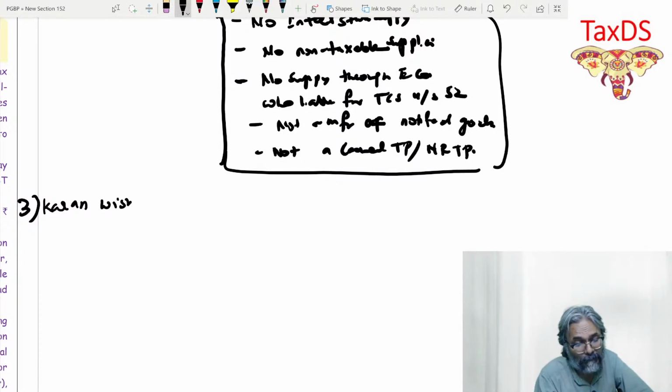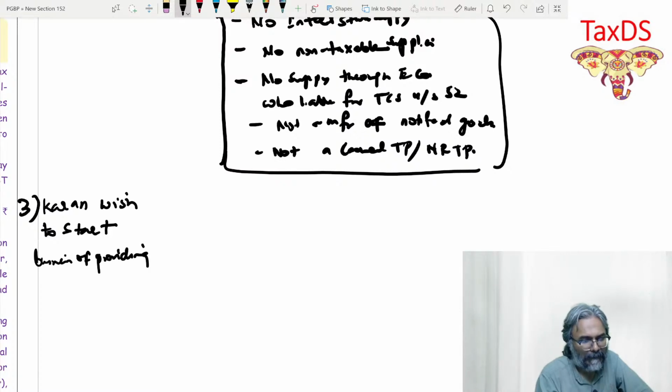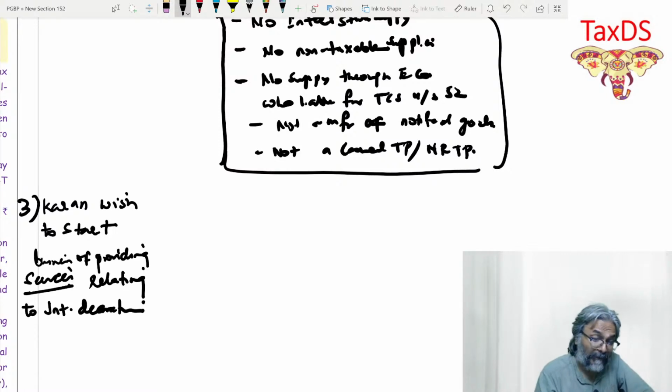Karan wishes to start business of providing services. Underline the word services. Relating to interior decoration. Now this is very important.